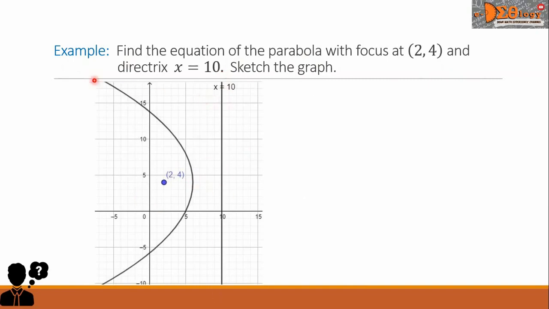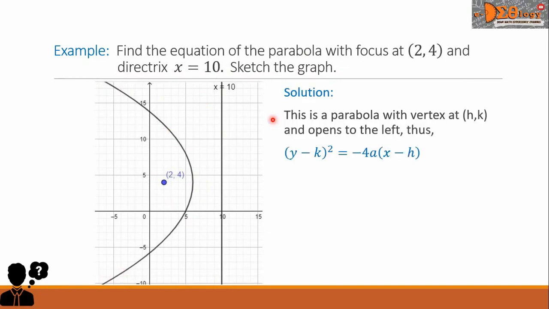We can now draw this parabola here. Given a focus and directrix, we can say that this is a parabola with vertex at (h, k) and opens to the left. Thus, this is our standard equation.